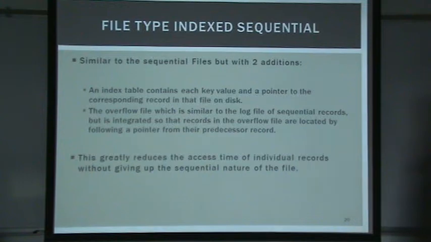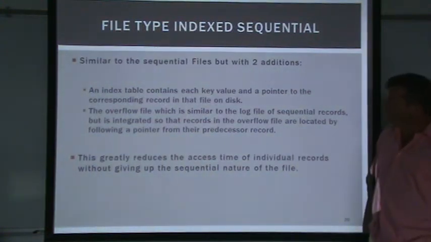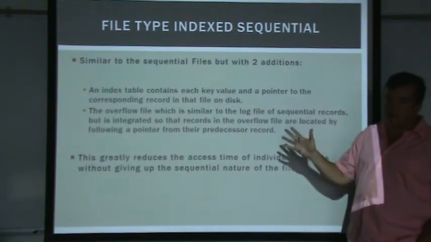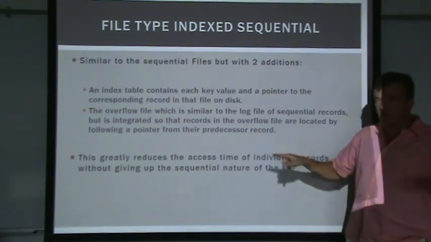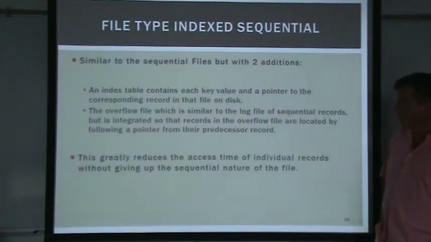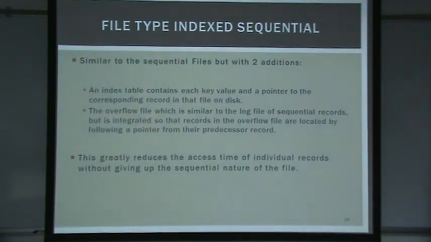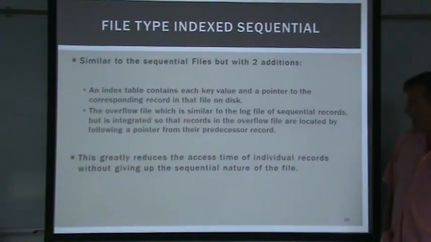Okay, now the file type of an indexed sequential file, kind of like what we talked about earlier. We can create an index and just have pointers go to where all the sequential parts of our file are, and this greatly reduces the access time for individual records without giving up the sequential nature of the file.